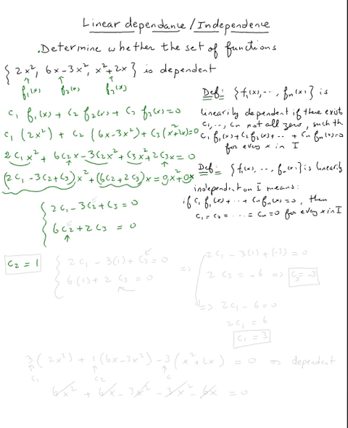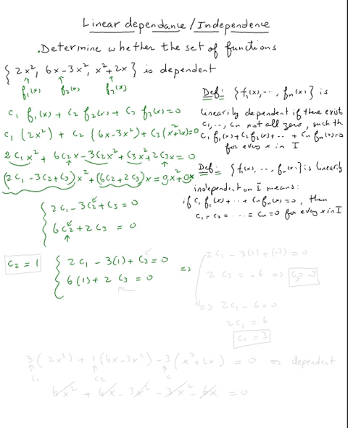So if we pick c2 equal to 1, then I'm going to plug 1 in for c2 here and here. So this will be 2c1 minus 3 times 1 plus c3 is equal to 0. And then 6 times 1 plus 2c3 is equal to 0.